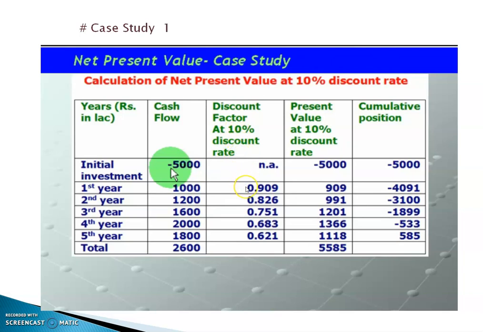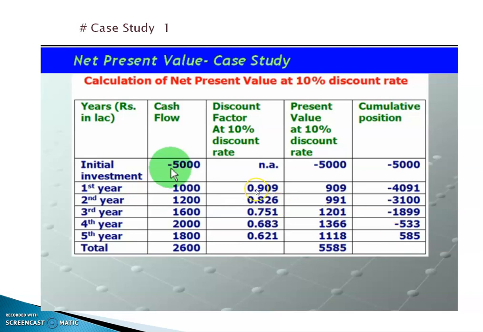This is the present value annuity factor for the first year, second year, third year, fourth year, and fifth year. By multiplying we get this, and after subtracting the initial investment from the total sum of all the cash flows, we get 585, a positive NPV, that means greater than 0. So this project is acceptable.